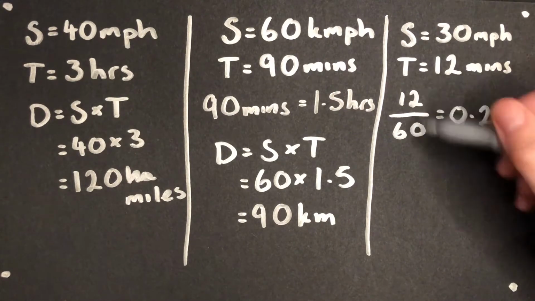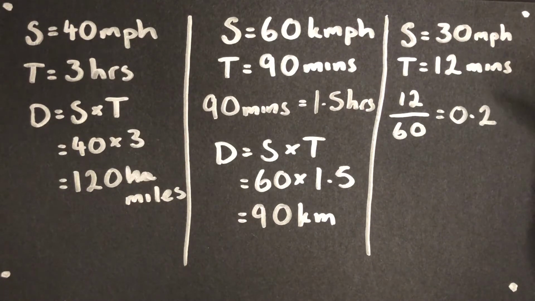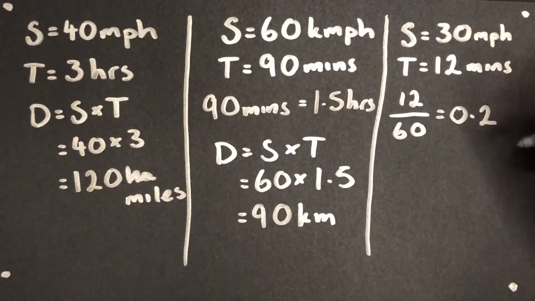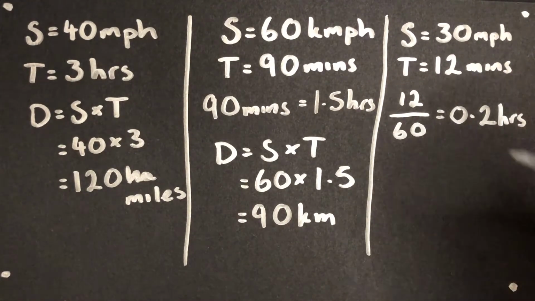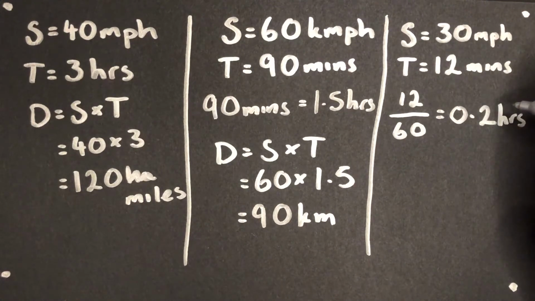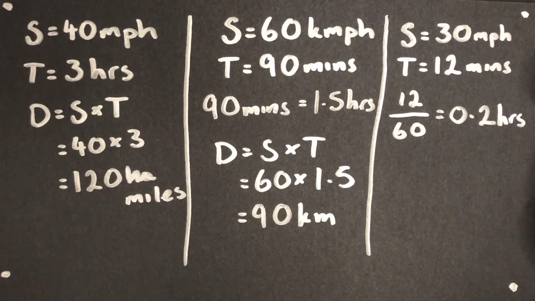I divided both of these by 12, and I got 1 over 5, which is 0.2. Yep, you can use a calculator for these as well. So 12 minutes is 0.2 hours, and that's a good thing to remember, that if you're converting minutes to hours, divide by 60. So that's just a nice rule to have. Also, if you're converting hours into minutes, you times by 60.